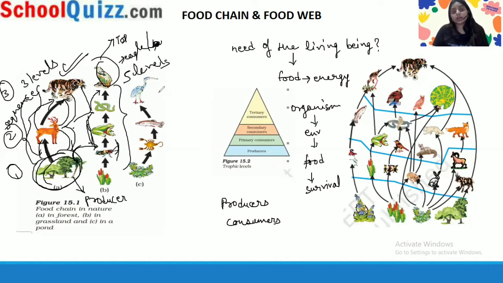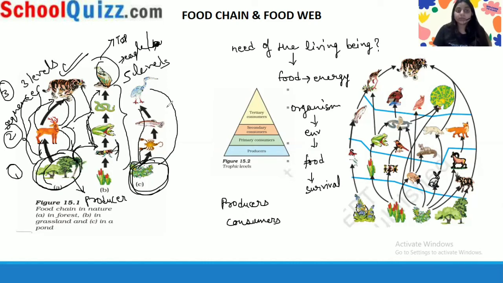And in this chain, this is the plant, and this plant is eaten by this scorpion. So in this particular chain, for this food, the chain will be different.